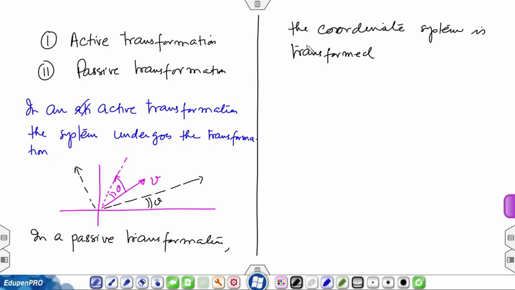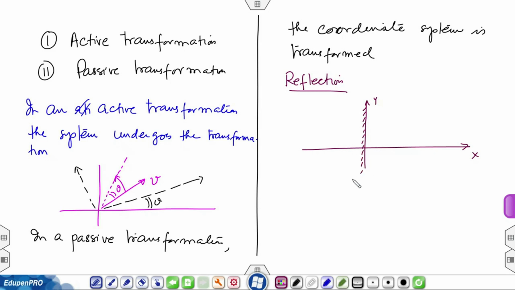Similarly, for reflection, what did we have in reflection? I had this y axis, I had the x axis, and I was reflecting about the y axis. If I transform the system, what I would be doing is taking a point here to the point on the back side, and the axis will remain fixed.